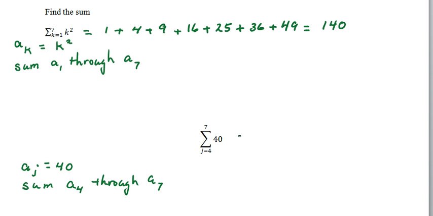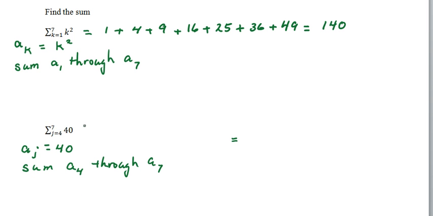So since each term is 40, we are going to have a4 is 40, plus a5 is 40, plus a6 is 40, plus a7 is 40.